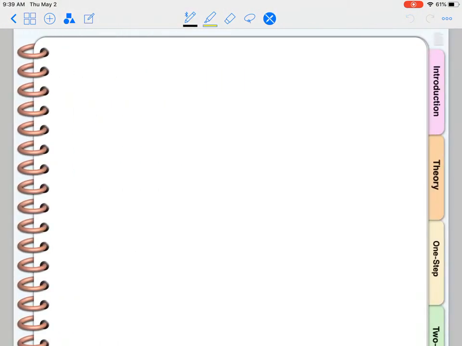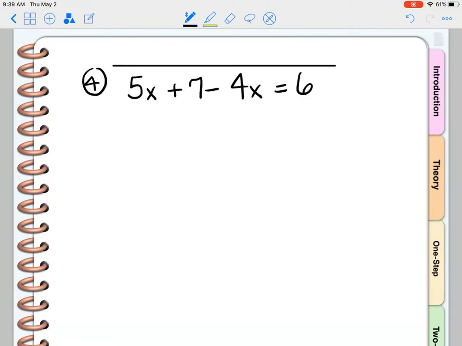Okay, number 4. I have 5x plus 7 minus 4x equals 6. So let's draw the frame.